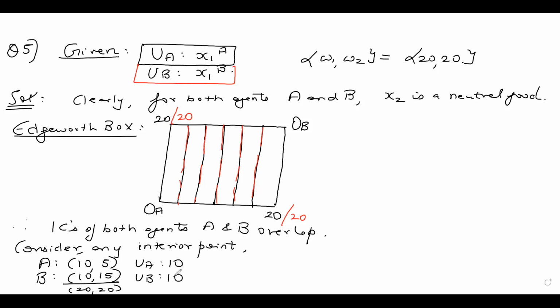Understand this: to make A better off, A needs more units of X1 from B. That would make B worse off. To make B better off, B needs more units of X1. If A gives that, A becomes worse off. So, therefore, all the interior points are Pareto efficient.